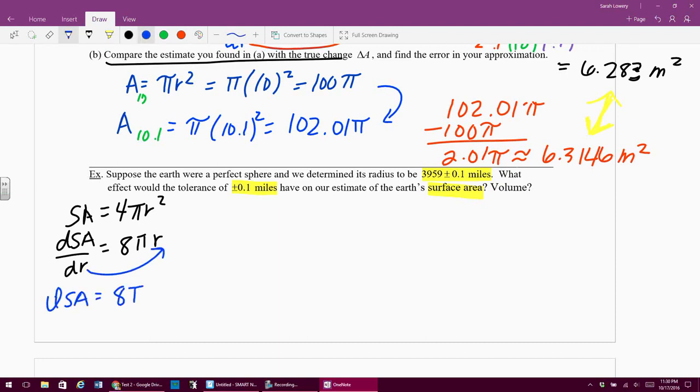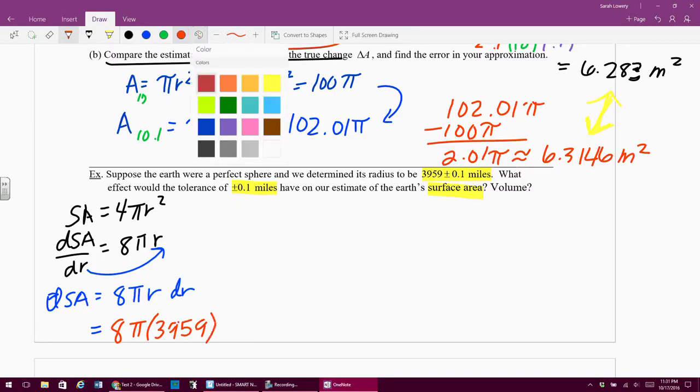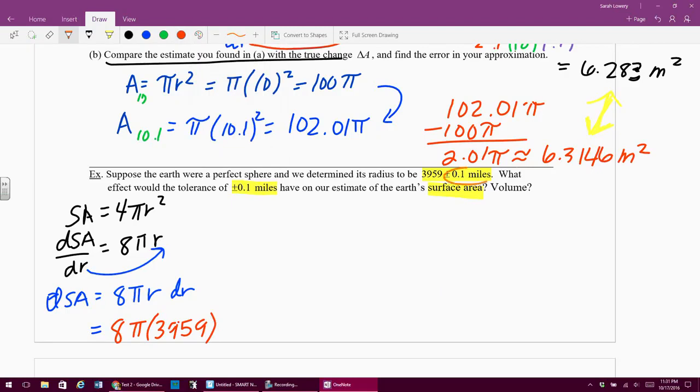To give me the differential of surface area is equal to 8 pi r dr. Okay? So filling this in, what is my original radius of the Earth? We said it was 3959. What is dr? Well, our dr is going to be represented by this plus or minus 0.1, so we'll call that 0.1.